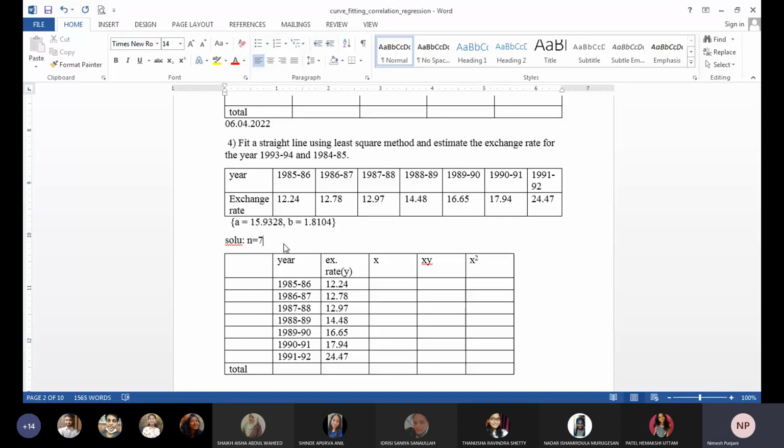So here your n is 7, which is odd. So whenever your n is odd, what you have to do is n plus 1 divided by 2, the n plus 1 divided by 2th observation.